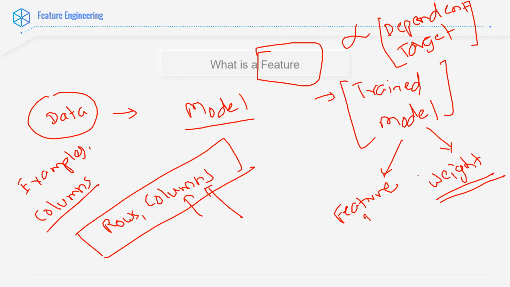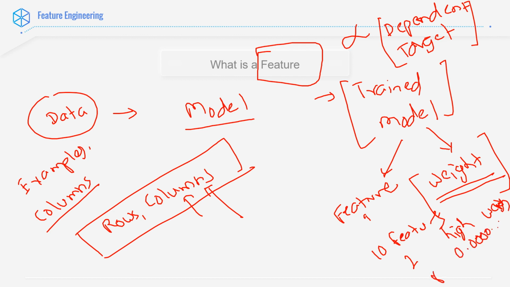If you take a look at the weight property, you can understand how significant that feature is in the final model we use to do the prediction. If I have, let's say, 10 features, and two of them have very high weight, and eight have weight really close to zero, it says that these eight features are not very important to what we are trying to do in our training.